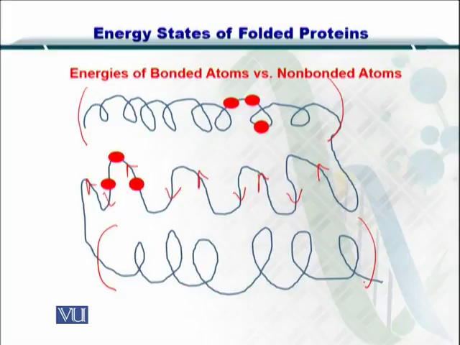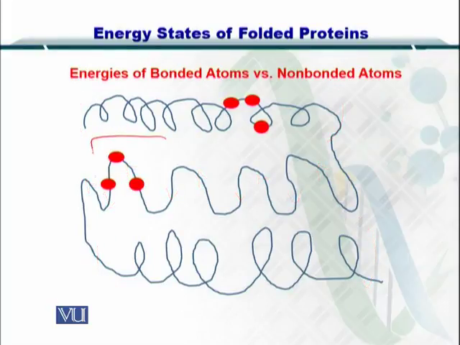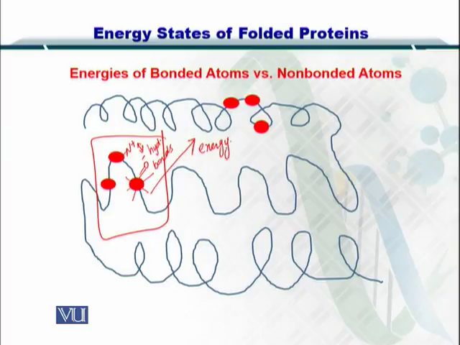So in this case, let's consider these three amino acids, and as I just mentioned, each amino acid is composed of multiple atoms, and if there is a net positive and negative interaction between these atoms, then they are going to make a hydrogen bond. So as a result of the formation of such hydrogen bonds, energy is released. Energy is given out.